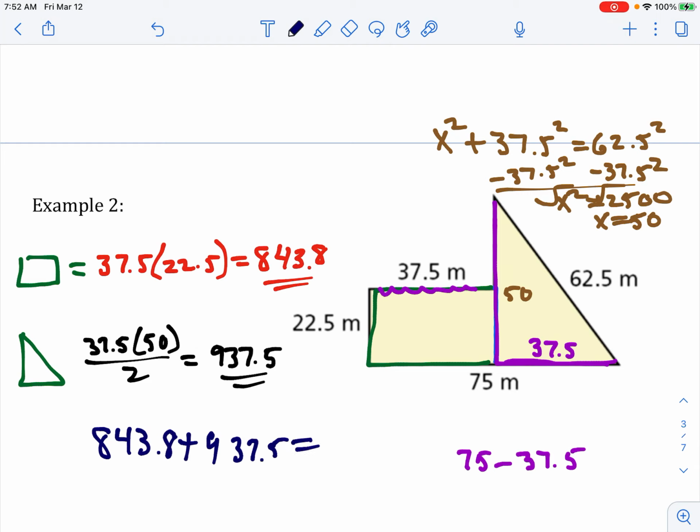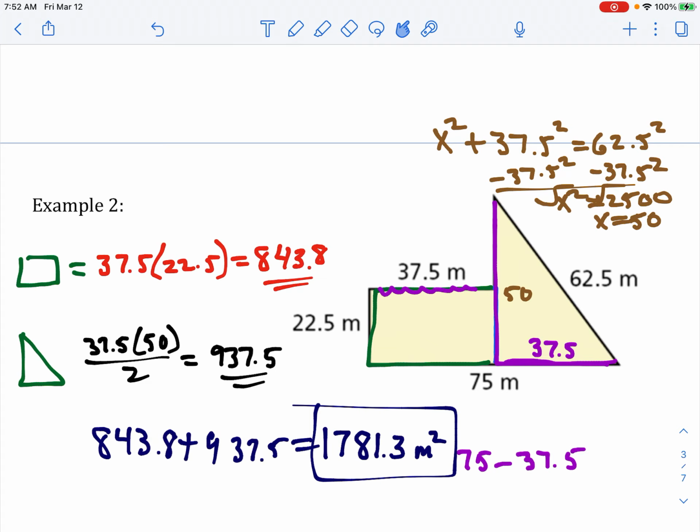All right, if we take 843.8 plus 937.5, you should get 1,781.3 m squared. All right, so this time we had to draw our own line into the picture to separate it into a rectangle and a triangle.